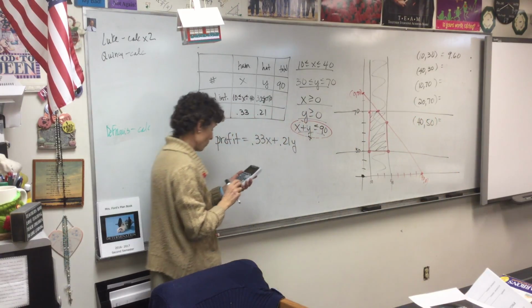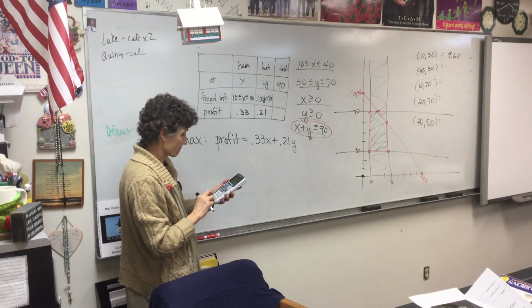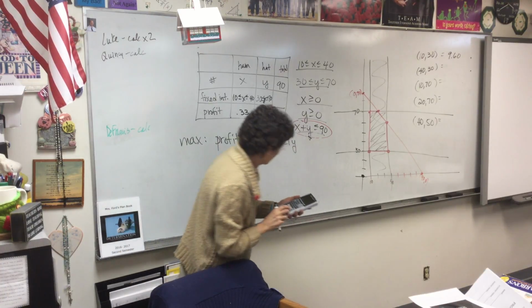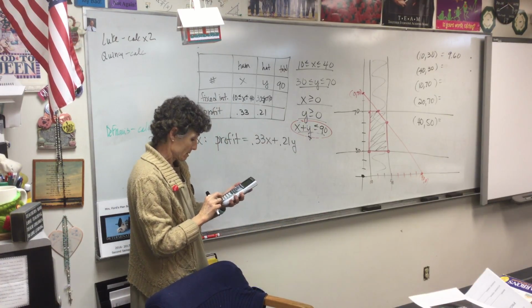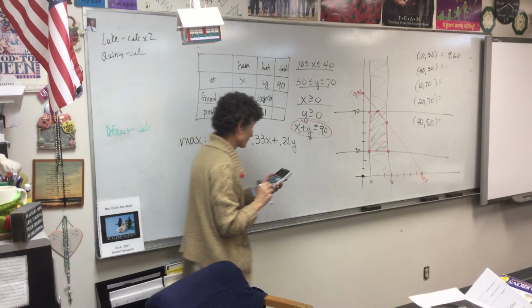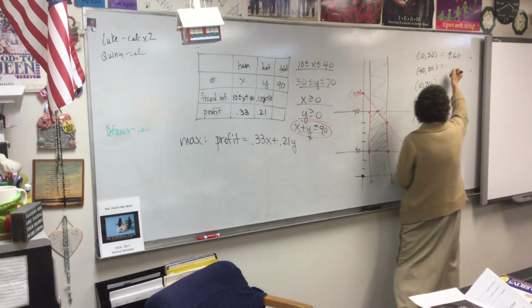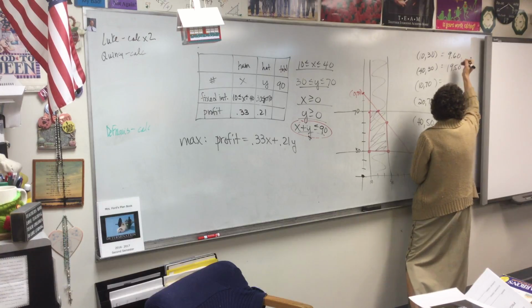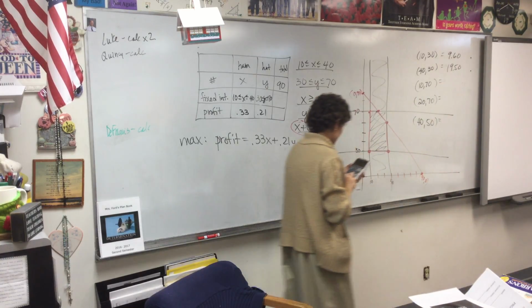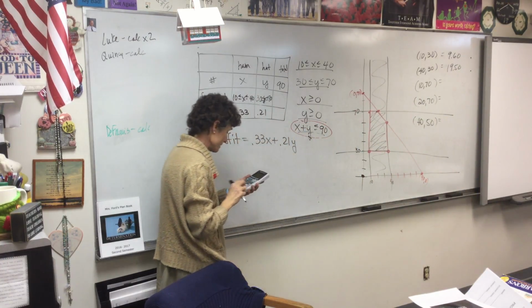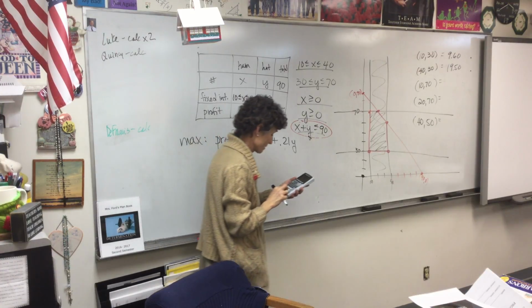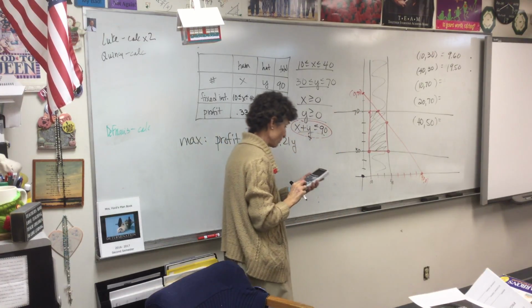Now I'm going to make 40 X's and 30 Y's. Ooh, I got $19.50 for that one. Now 10 X's and 70 Y's.